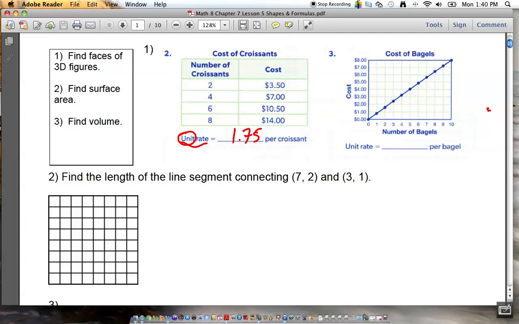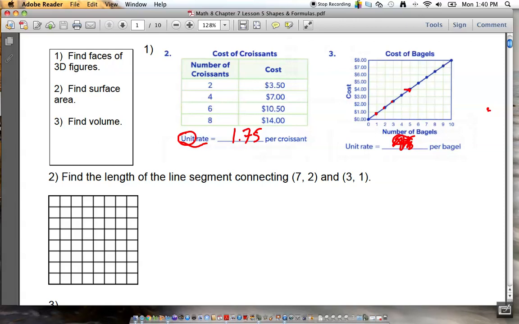Next up, the unit rate per bagel. Well, look here. I'm going up $1, over 1. Actually, it's not over a whole one. It looks like it's over a little bit less than 1. So it looks to me like it's about 75 cents a bagel. Okay? A little bit less than $1. We could be very specific right here. Oh, hold it. It's not 75 cents a bagel. See, I eyeballed it.